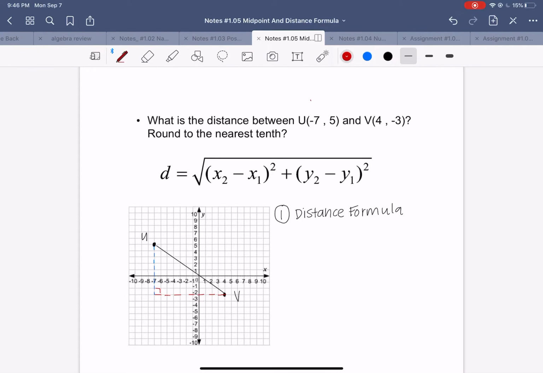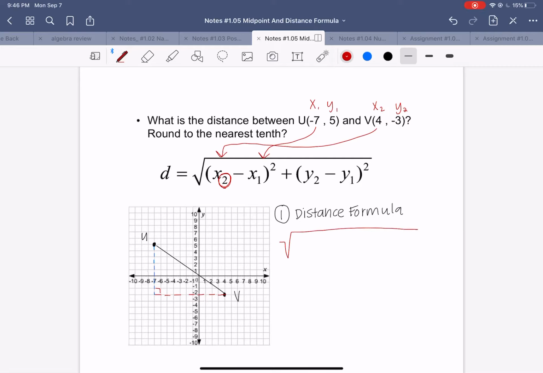So we get x1, y1, x2, y2. Guys, this is so important to always label your x's and your y's because it's easier to sit here and plug in. Because it gets tricky, because look, they have x2 first. So just be mindful of that.